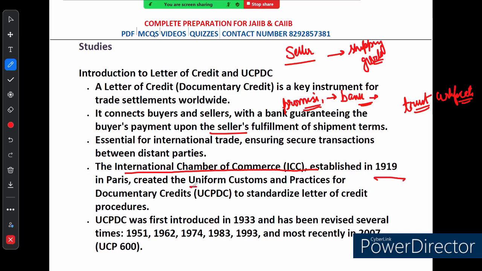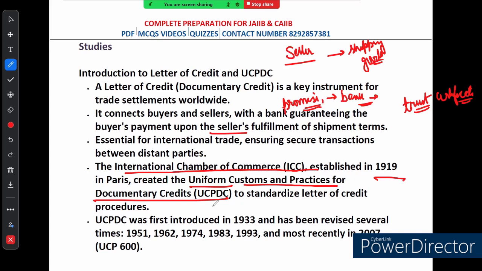To standardize how letters of credit work, the ICC created a set of rules called UCPDC, that is Uniform Customs and Practices for Documentary Credit.